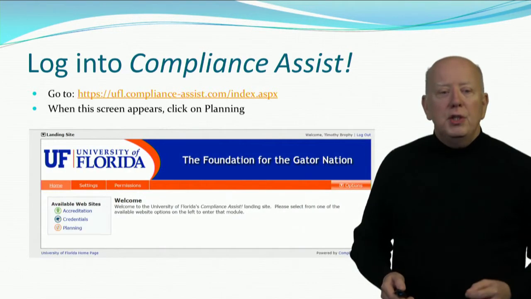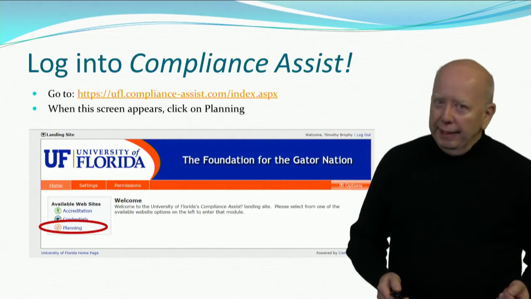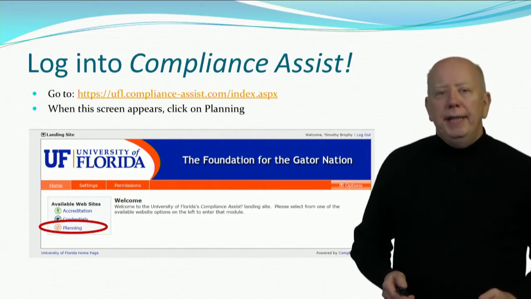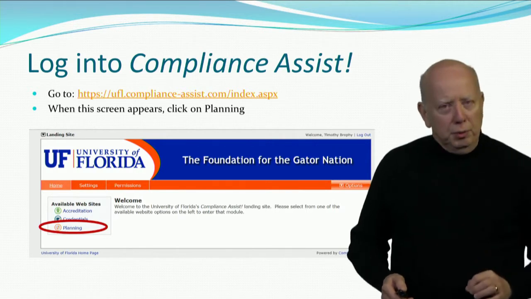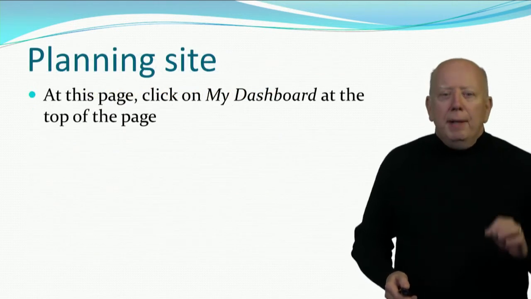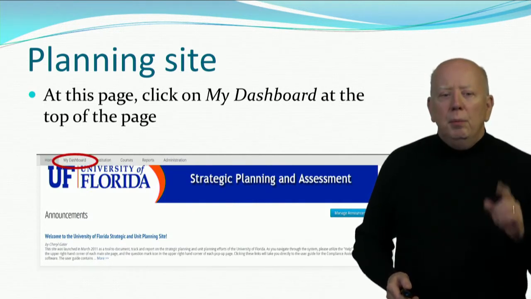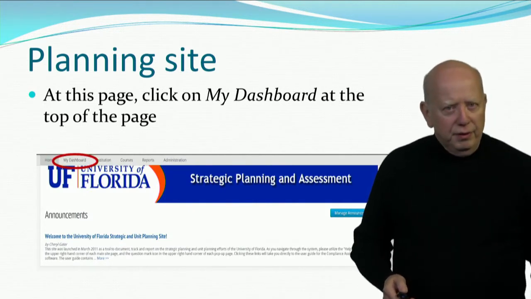So when you get to this screen, you're going to click on Planning. So there's the screen when you log in, and there's the planning link that you will click when you get there. When you get to that page, you're going to click on the My Dashboard, which is up there at the top of the page, as you can see.